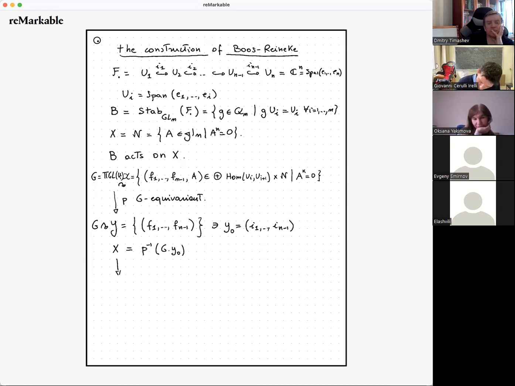And let's project it into Y, not curly, which is just G of Y0. So X is just the variety of some Fi and then A, such that Fi is injective.